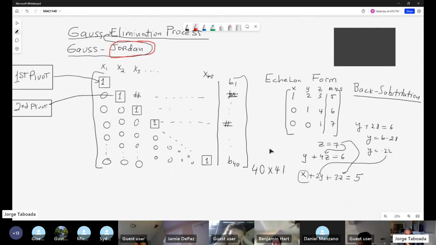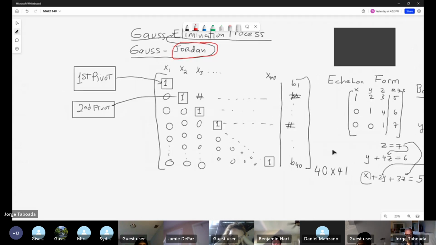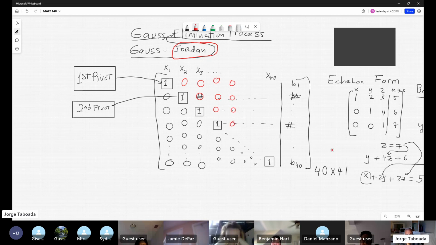Okay, what is the reason? In the algorithm, you are doing 0 only below the pivot, and why not above the pivot? 0 here, 0 here, 0 here, 0 here, 0 here, 0 here. One more 0, 1, 2, 3, 4. 0 here, 0 here, 0 here, 0 here. And supposedly we have the pivot number 5 here.